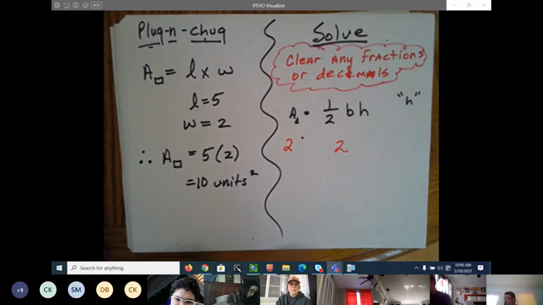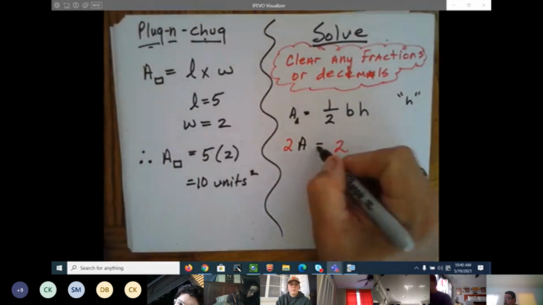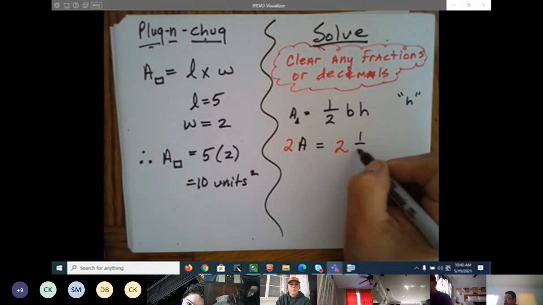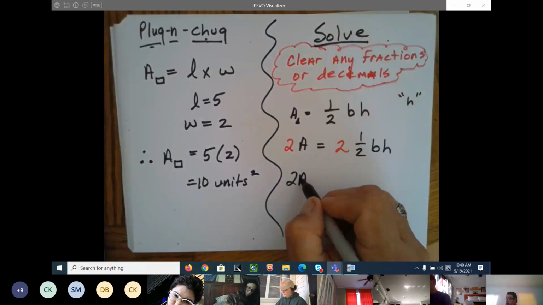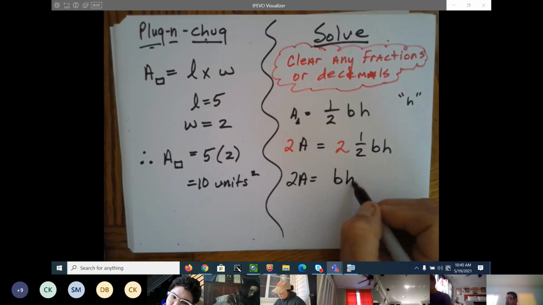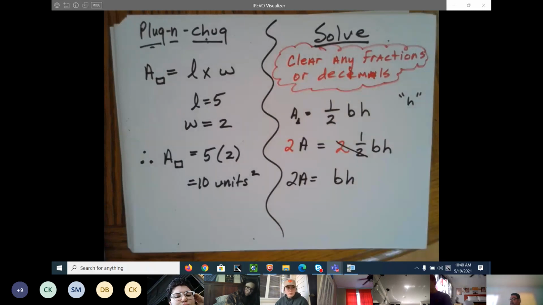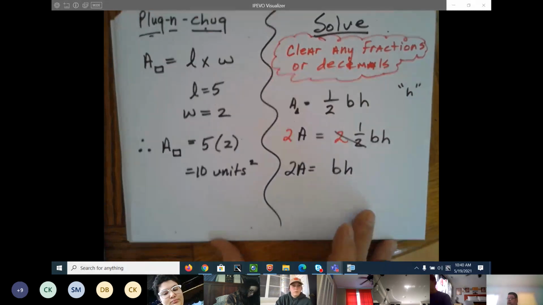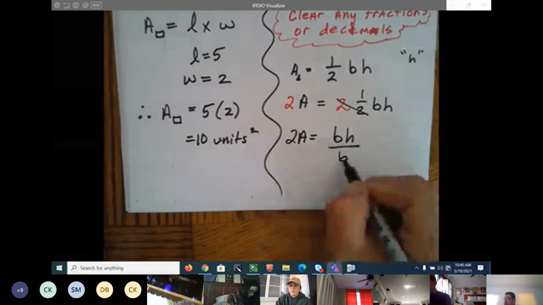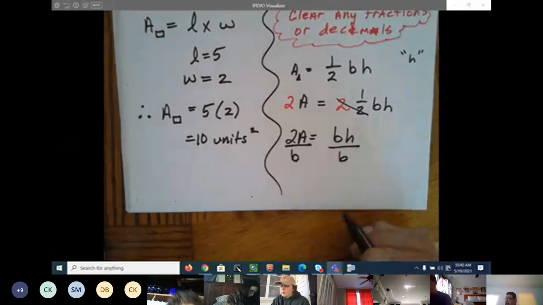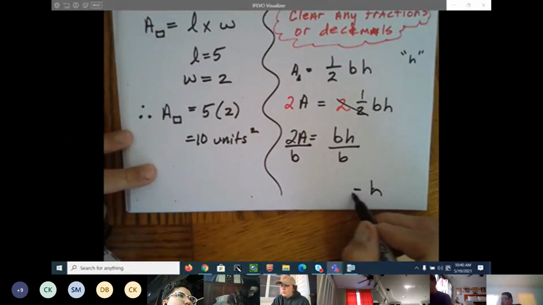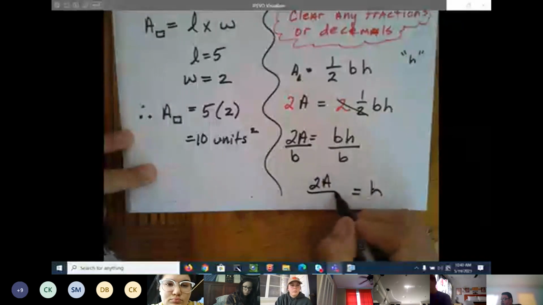And that'll give me 2A equals 1/2 base times the height, and of course, 2A is equal to base times the height because that cancels. And divide by b, and h is equal to 2A over b.